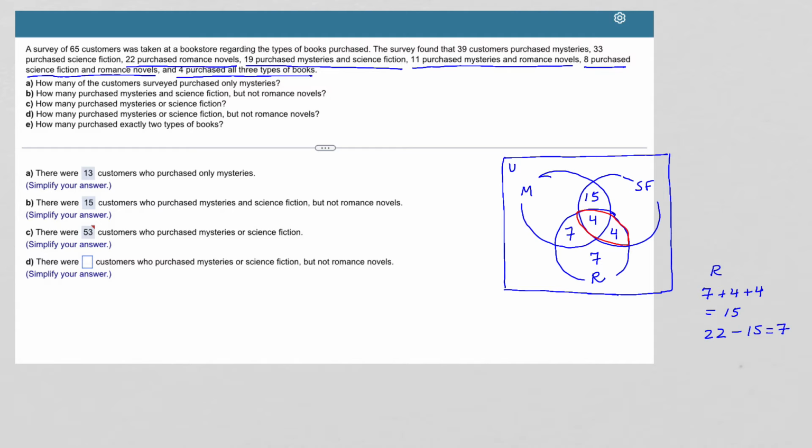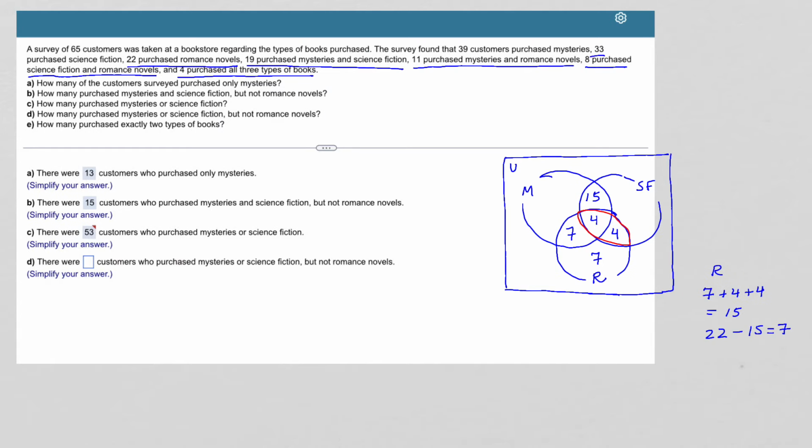And what's next? 33 for sci-fi. Sci-fi, we already had 15 plus 4 plus 4, which makes 23. So if we subtract that from 33, we get 10.